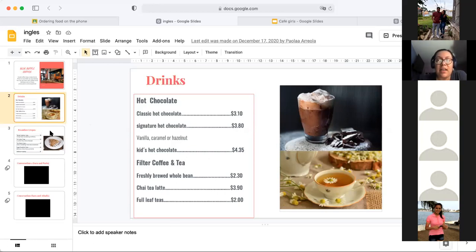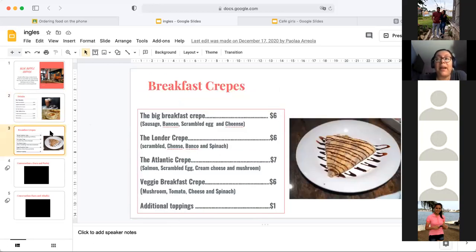And then on the second part of the menu, they had breakfast crepes, okay? So they had like different kinds of crepes, the big breakfast crepe, the London crepe, the Atlantic, the veggie breakfast crepe, and additional toppings for $1. I have a question. If anyone can tell me in the chat or on the microphone, what are toppings? ¿Qué son toppings?